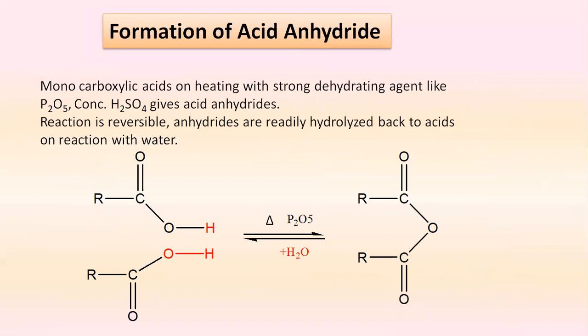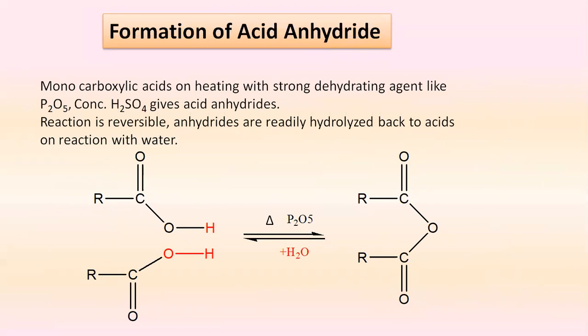Next reaction: when carboxylic acids react with a dehydrating agent or are heated, formation of anhydride takes place. This reaction is shown by monocarboxylic acids on heating with a strong dehydrating agent like phosphorus pentaoxide or concentrated H2SO4; they form acid anhydrides.